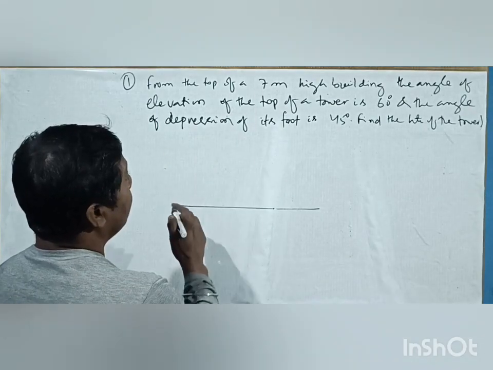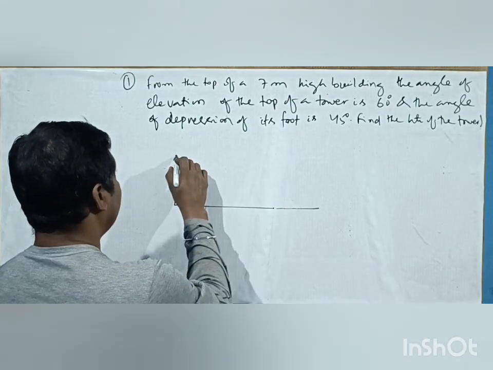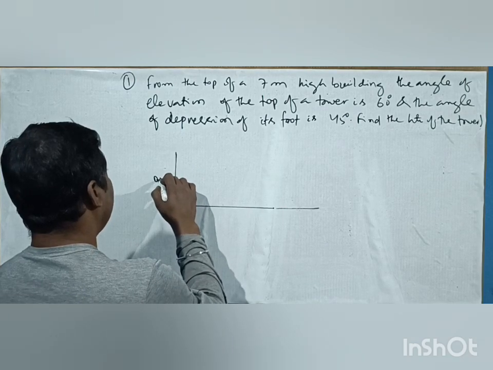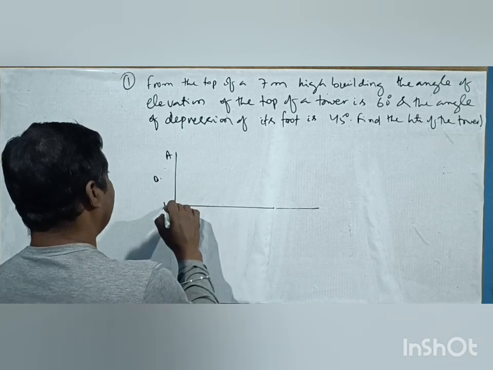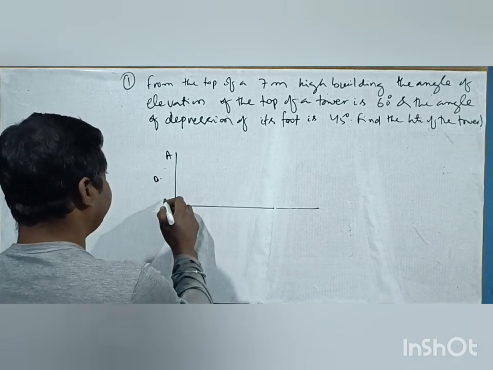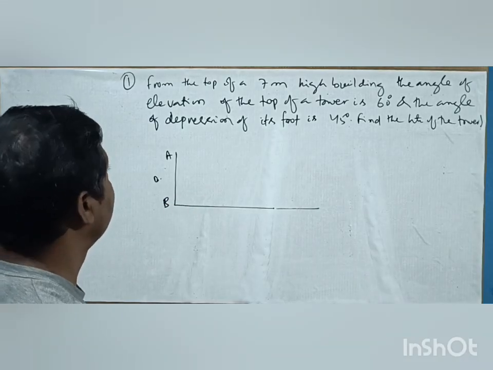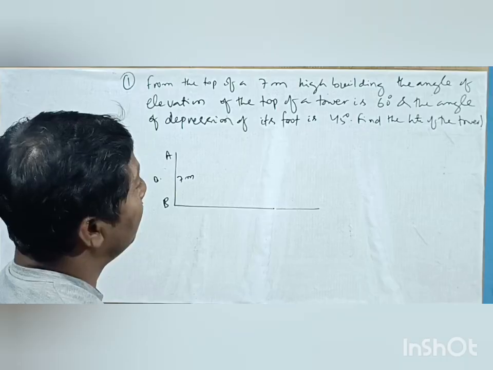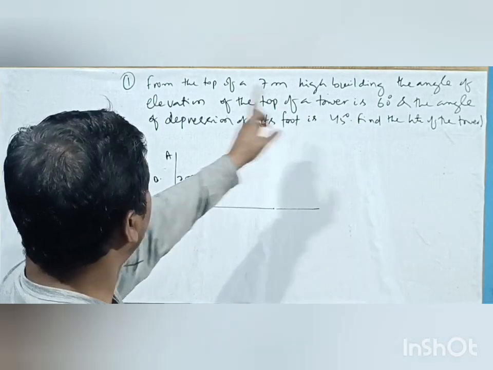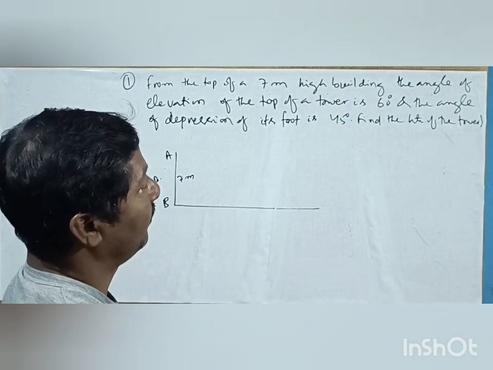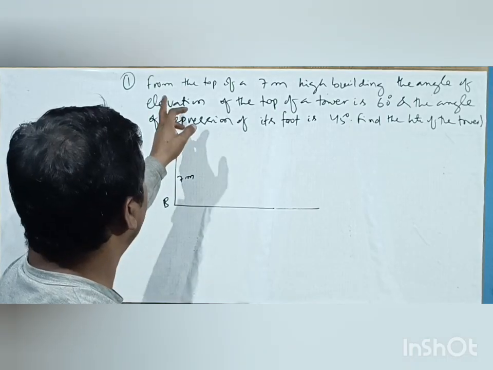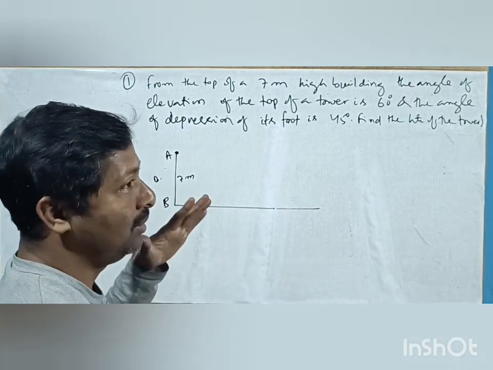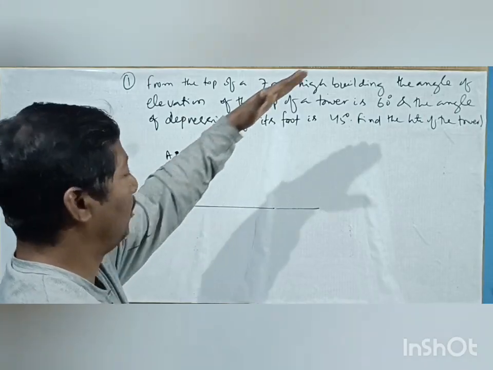From the top of a 7-meter high building, suppose this is the building. Let me name it AB. This is 7 meter. So the angle of elevation of the top of a tower, from the top means from here. The angle of elevation means upwards.